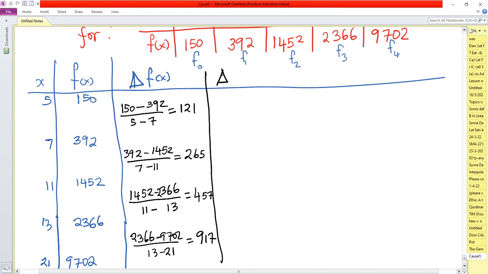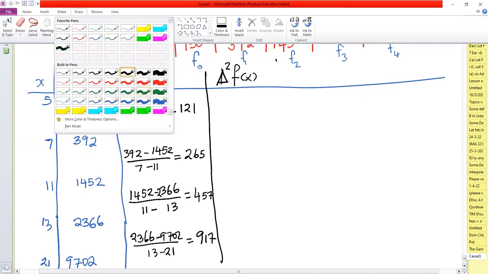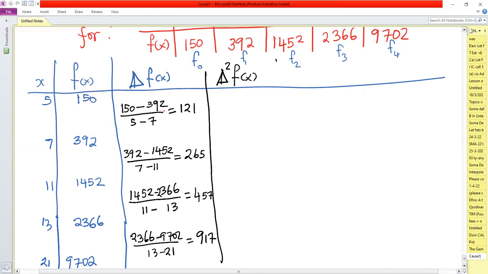Next is the second divided difference of the function f of x. To define the second divided differences, we are going to use the values we have in the first divided difference, but then the denominators will be taking care of the values of the xi's.